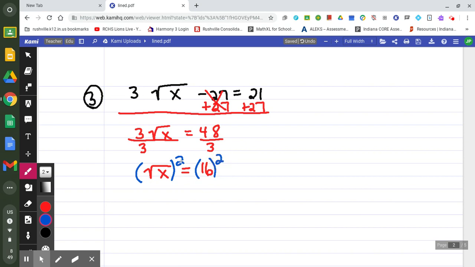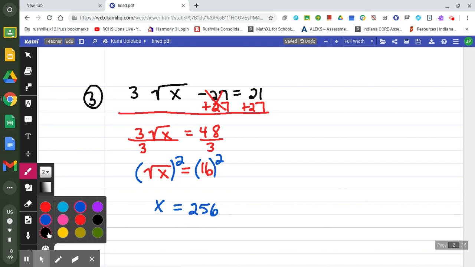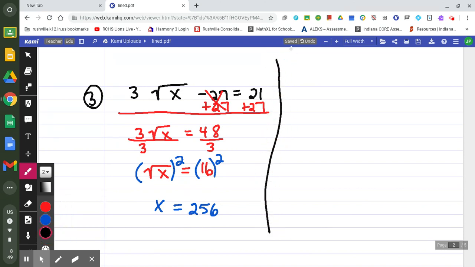When you square a square root, you're getting rid of the radical sign. So x equals 16 times 16, which is 256. Again, to make sure that that is correct, I'm going to do a check.